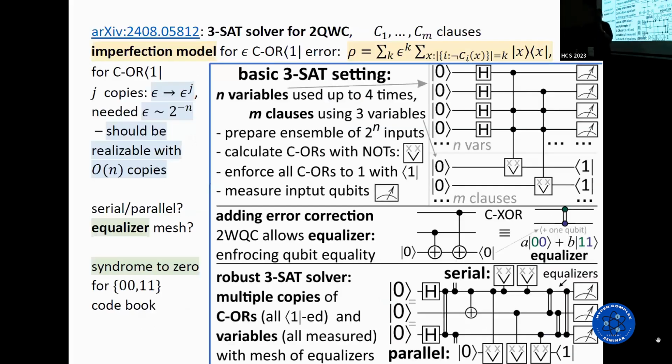So yes, here is again that we have this. Here we have the alternatives of 3-SAT, and there are some nodes here. And finally, we try to enforce all of them to 1. So there will be some imperfections. The question is if we can overcome these imperfections. That's the big question.